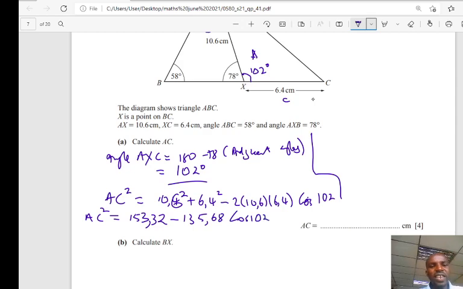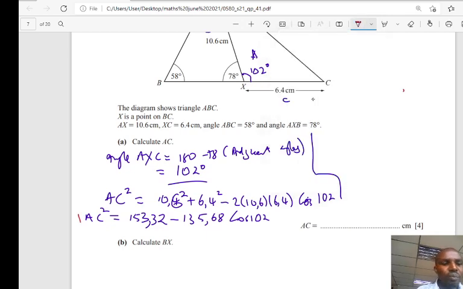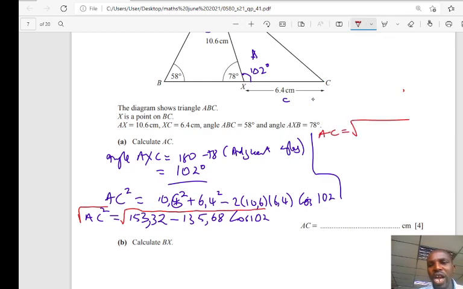Right. Then after that, you just have to put square roots both sides, right? To get rid of the square, put square root here, and put a big square root on this side. It will be AC is equal to square root of 153.32 minus 135.68 cos 102. Then just punch right away in your calculator.